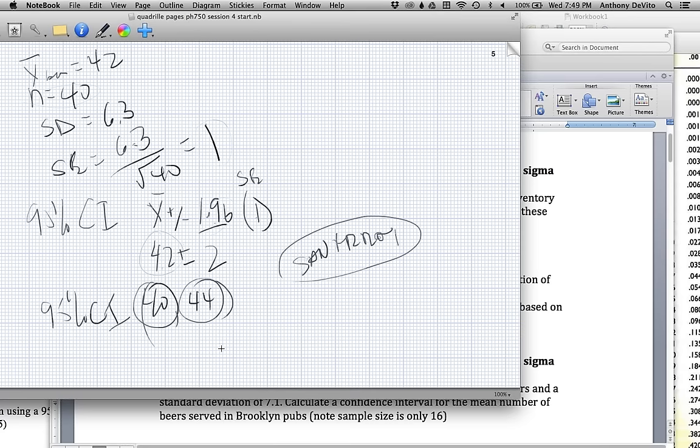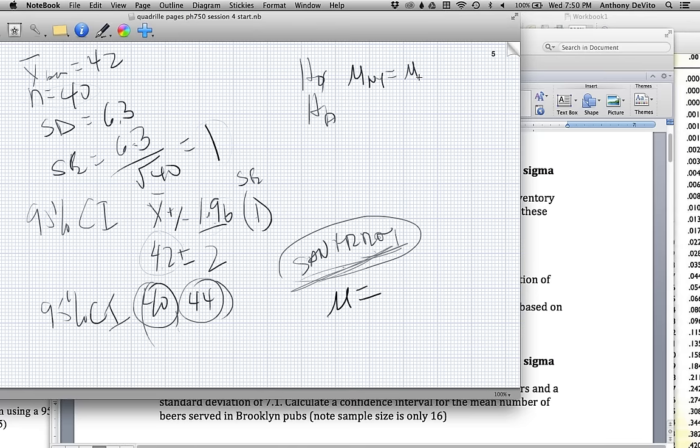Well, if I set up a null and alternative hypothesis, my null hypothesis is the mean number of types of beer in New York is equal to the mean number of types of beer in San Francisco. My alternative is that they're not equal.